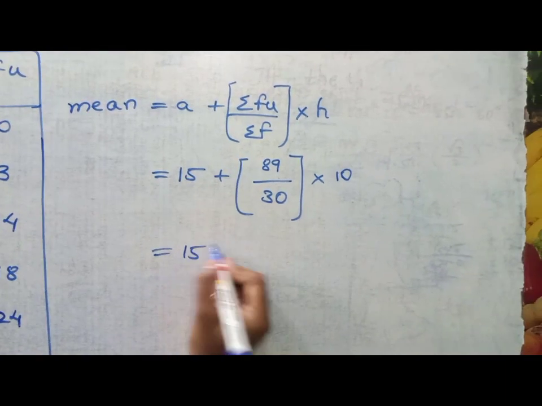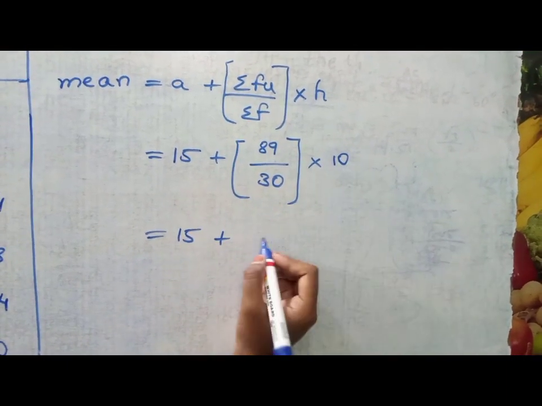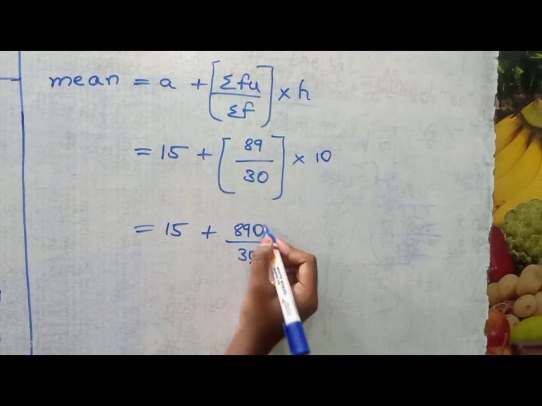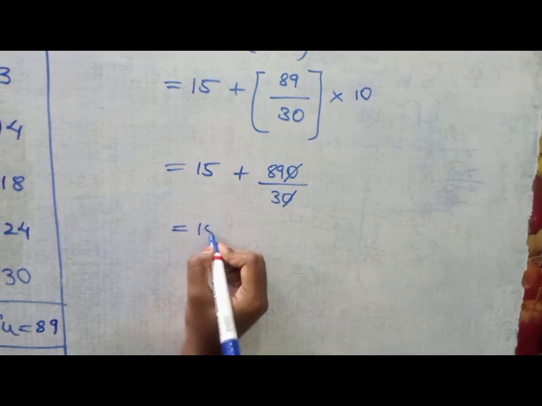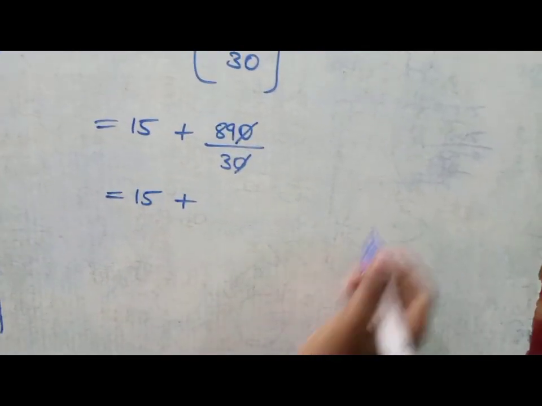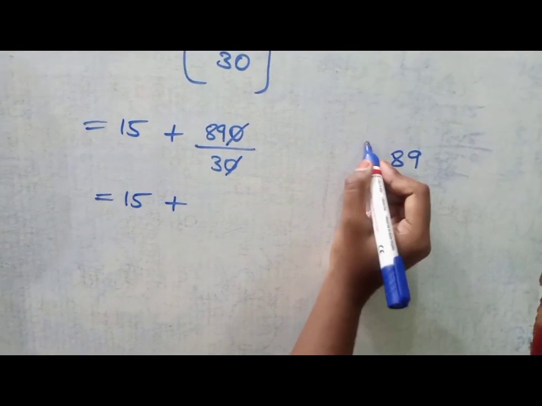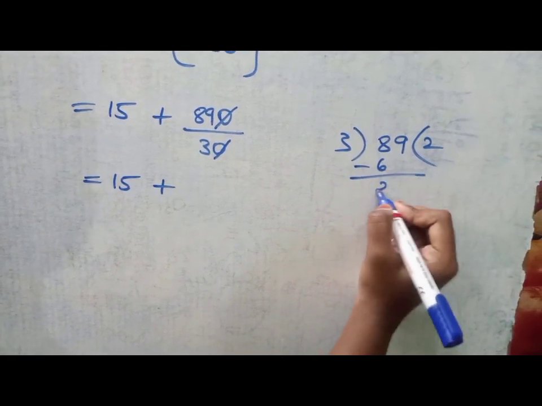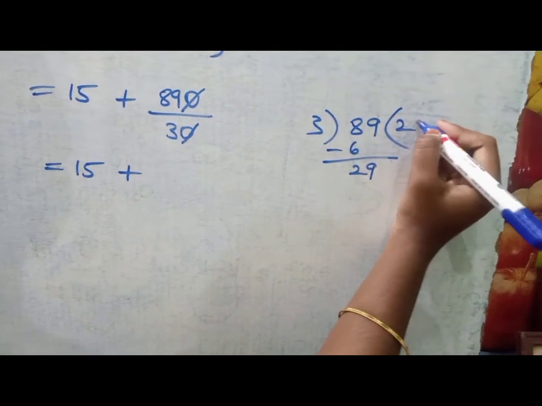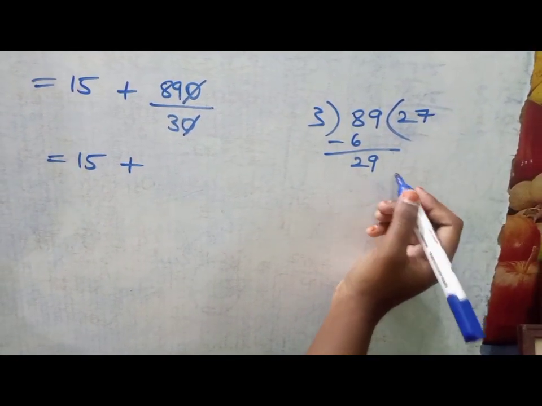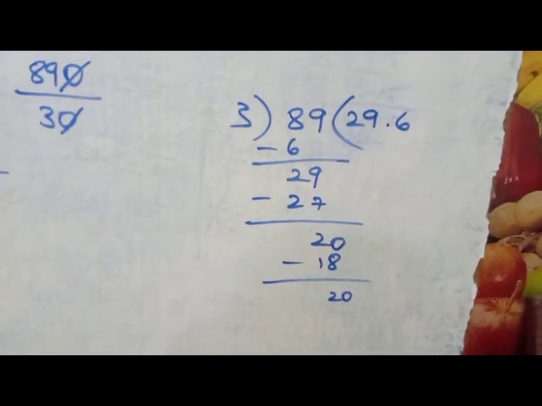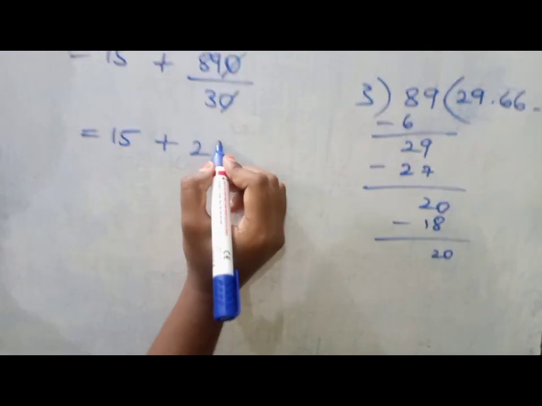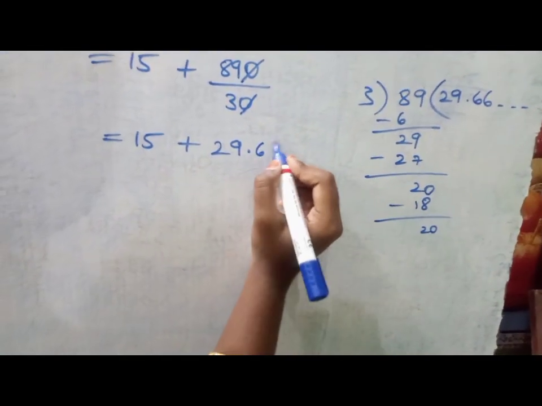So 15 plus 10 into 89 is 890 by 30. This 0 gets cancelled. 15 plus we divide 89 by 3, which is 29.66 and so on. So we take it up to 29.67.